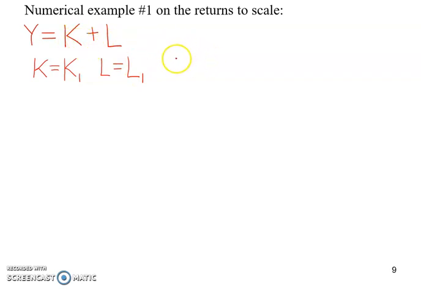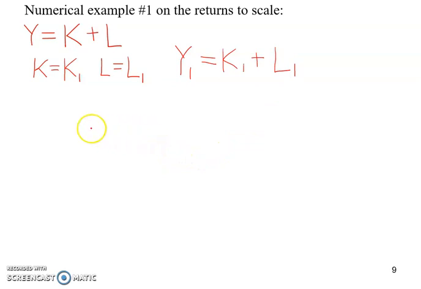With K1 units of capital and L1 units of labor, we can produce Y1 units of output, so Y1 equals K1 plus L1.